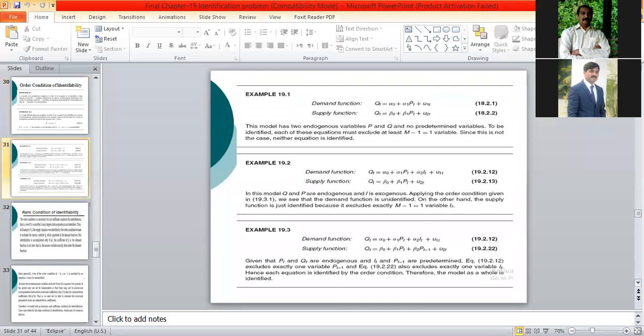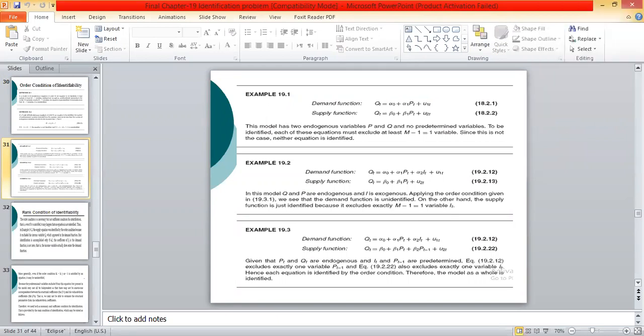So look at the first example. As I told you, the easy way to examine identification is using order conditions. First apply the first definition: we examine the first equation, whether it excludes m minus 1 variables or more than m minus 1 variables.